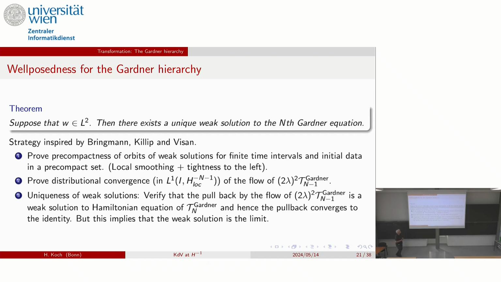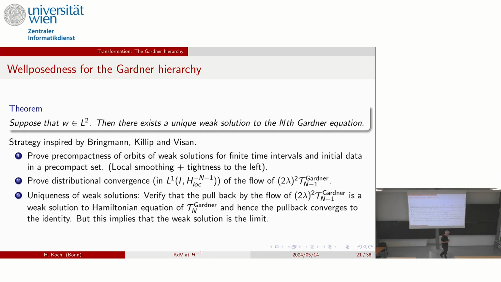First, prove pre-compactness of weak solutions for finite time interval and initial data in a pre-compact set. This is what Brinkmann, Killip, and Visan did. You're going to see a change in the proof in a minute. Then prove distributional convergence in a rough space to the flow to the nth Gardner equation. Then prove uniqueness of weak solutions.